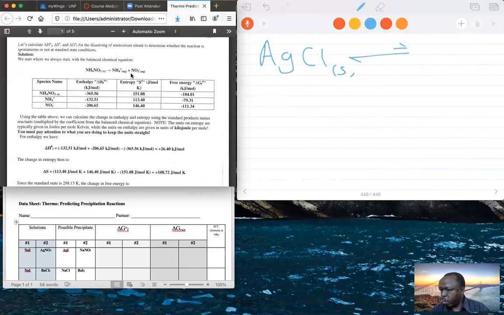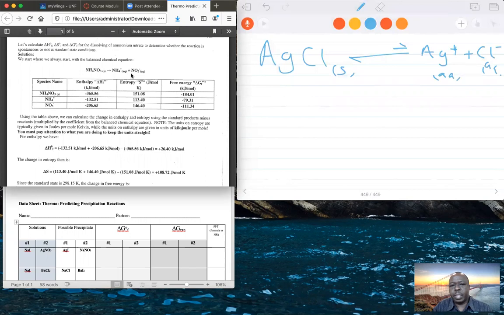So we have a small forward reaction to form Ag ions, not even before we put the concentration of that. It's just going to form silver plus chloride, and this is aqueous, and this is aqueous.